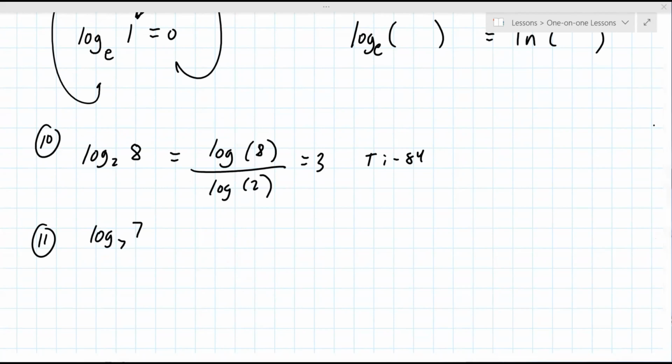I believe it's under the math button. Yeah, I got 3.